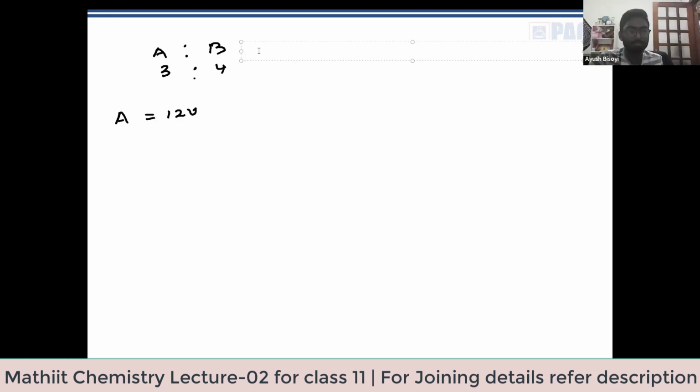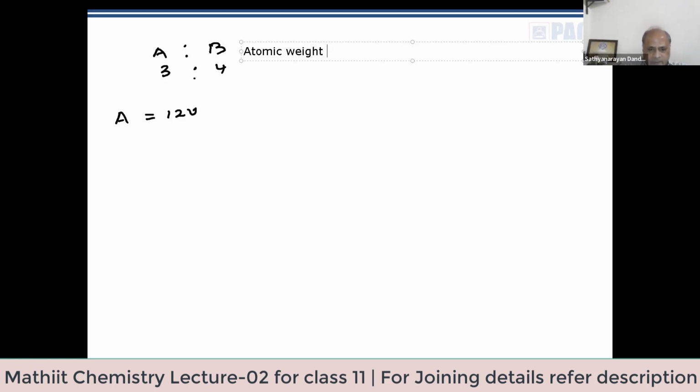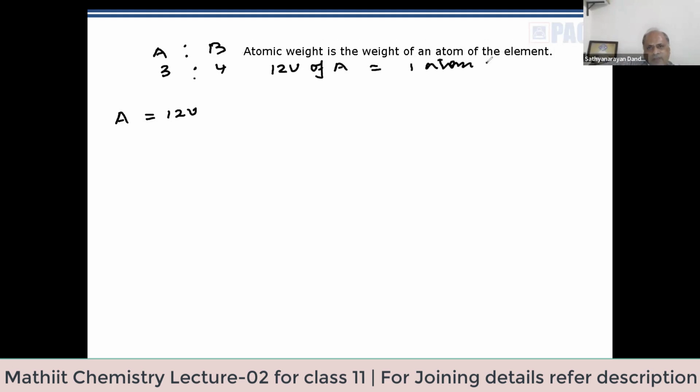Now, what I'm saying is atomic weight is the weight of an atom of the element. So 12U means how many atoms? 12U of A is equal to 1 atom of A. Now what are parts by weight?